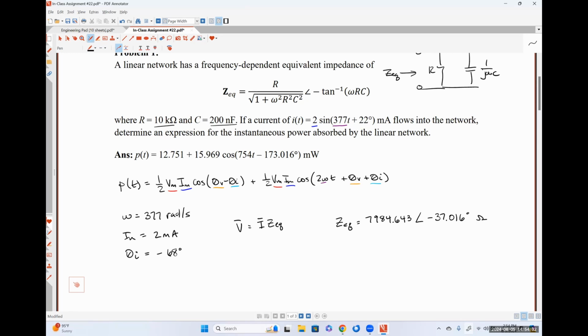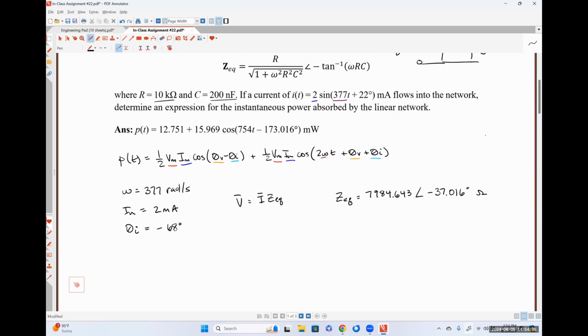So using that value for ZEQ, our voltage is nothing more than 0.002, so that's 2 milliamps, with an angle of negative 68 degrees, times that 7,984.643 with an angle of negative 37.016 degrees ohms.